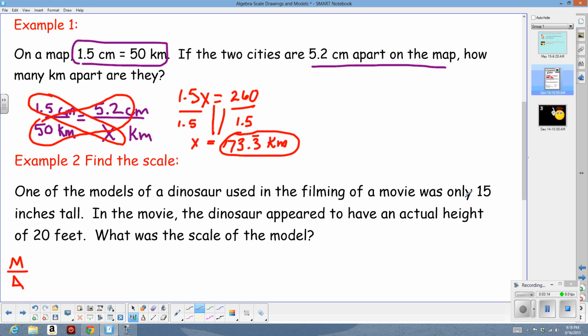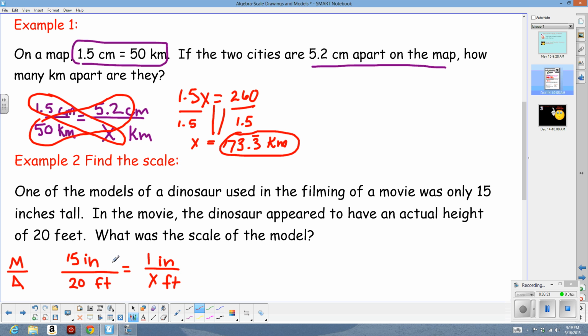So the model was 15 inches tall, and it appeared to have an actual height of 20 feet. So you could say 15 inches equals 20 feet for your scale, but oftentimes the scale's given like 1 inch equals something. So for our second half, we're going to say 1 inch over x feet. We're going to figure out how much 1 inch is equal to on the real thing.